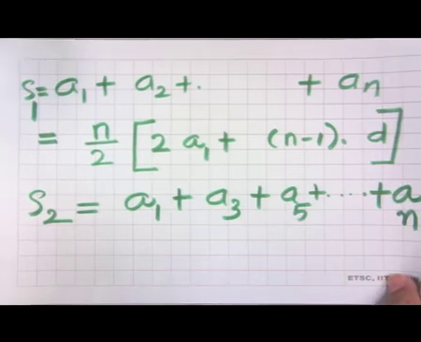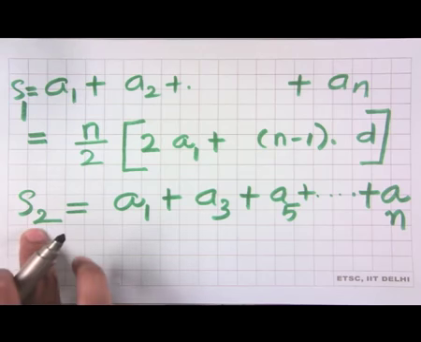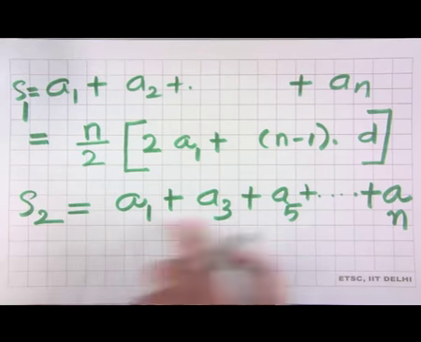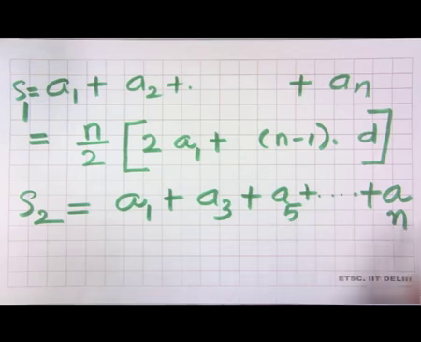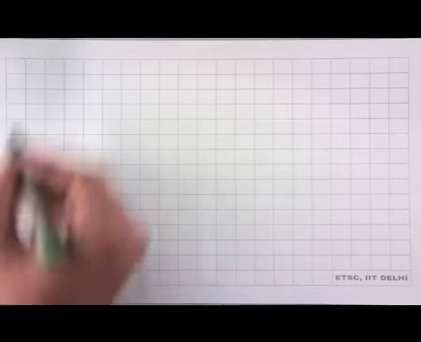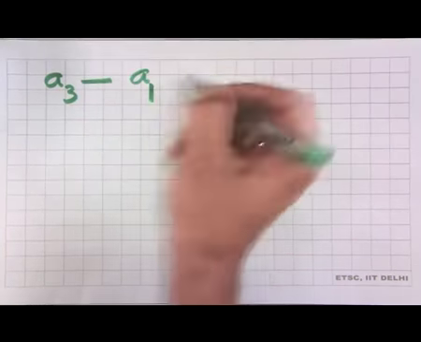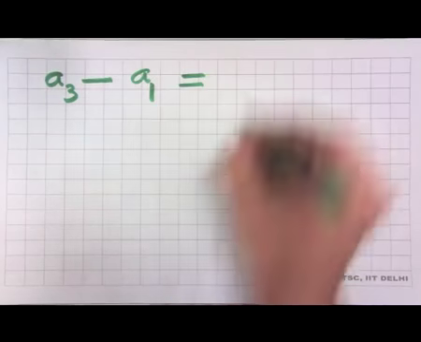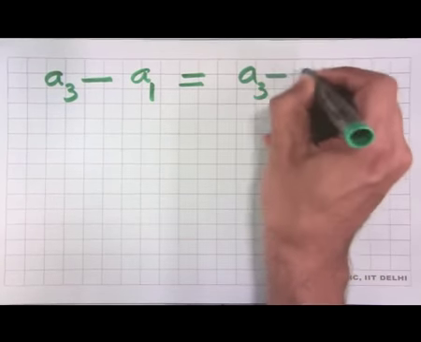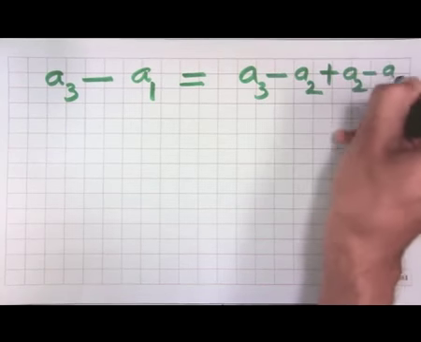Let us note that the sequence involved in S2, namely A1, A3, A5 and so on, is again an arithmetic progression. To establish this, note that A3 minus A1 can be written as A3 minus A2 plus A2 minus A1.